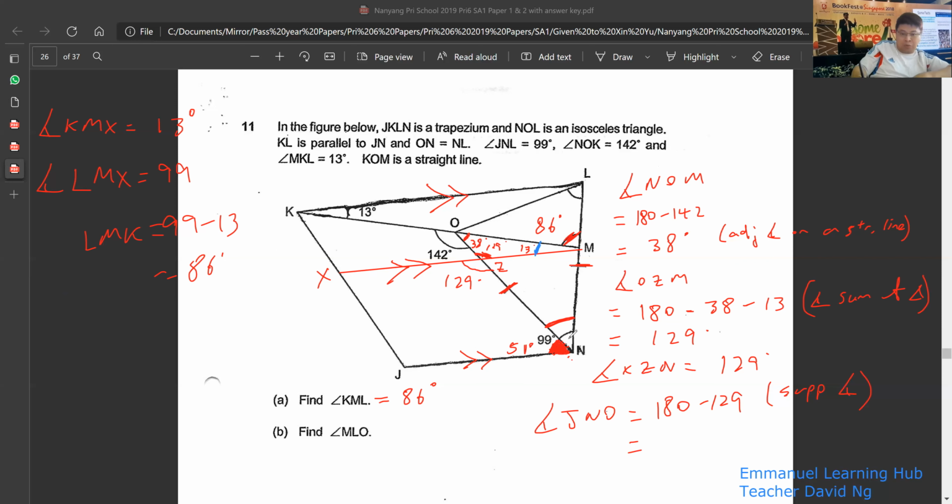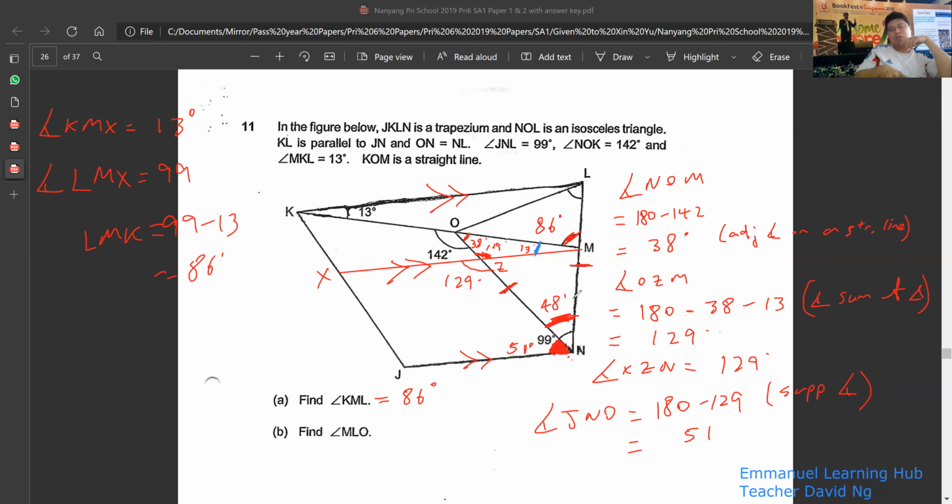If you know this shaded part is 51, no problem finding this, right? How to find? 99 minus 51 equals 39? No, 48.